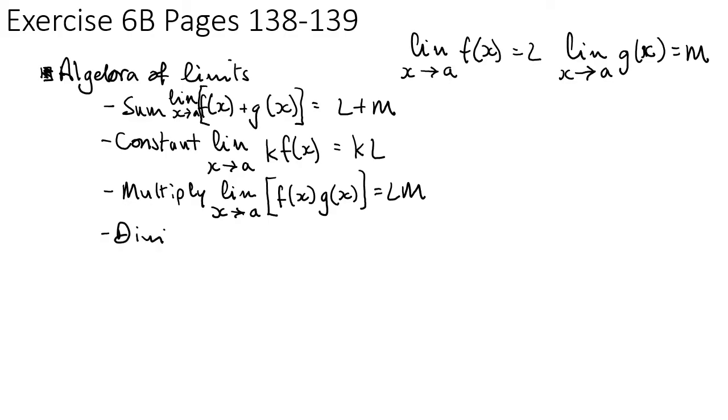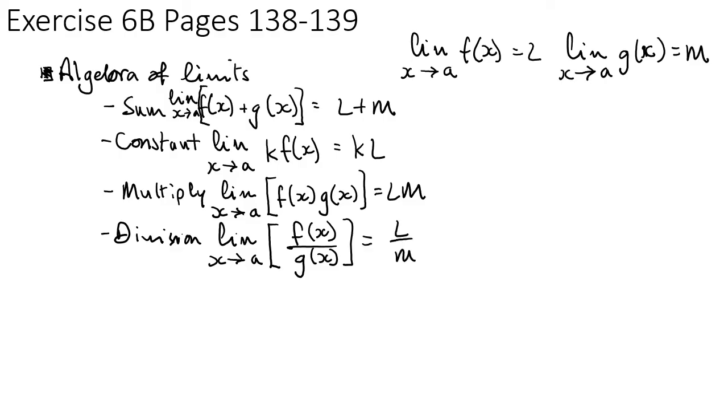And this is the division rule. If I've got the limit where I'm dividing one function by another, I divide the limits, but we need to watch out here that M cannot be equal to 0. So there's our algebra of limits.